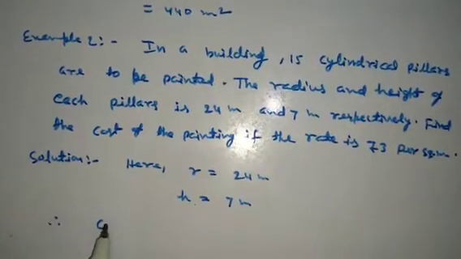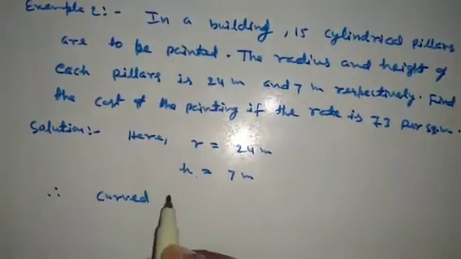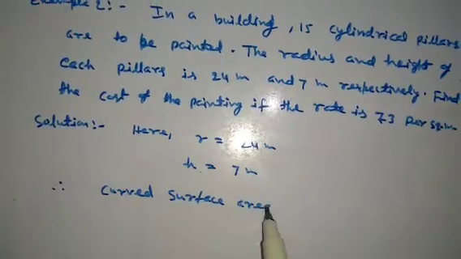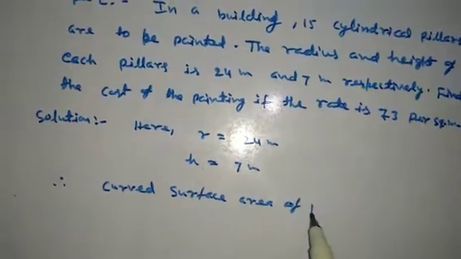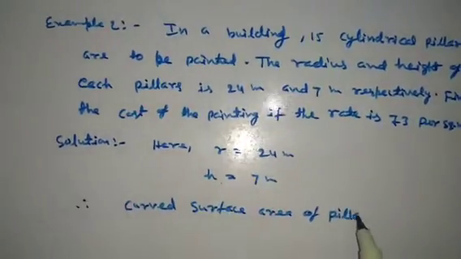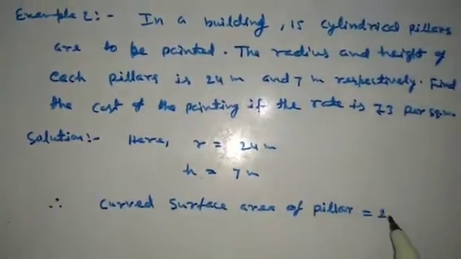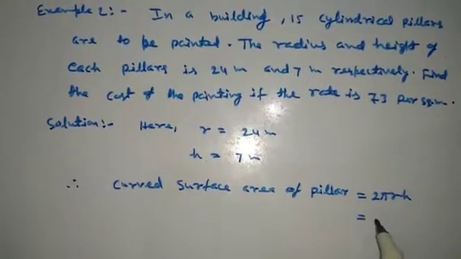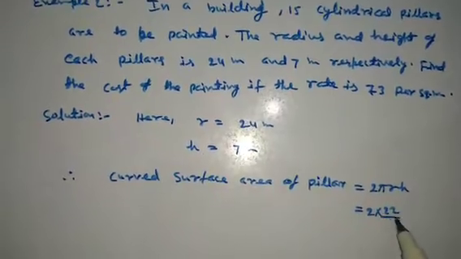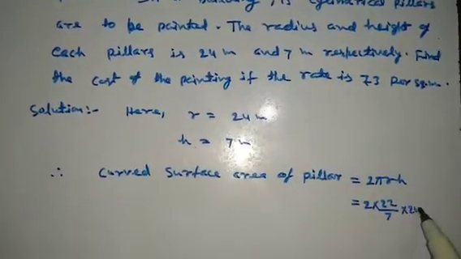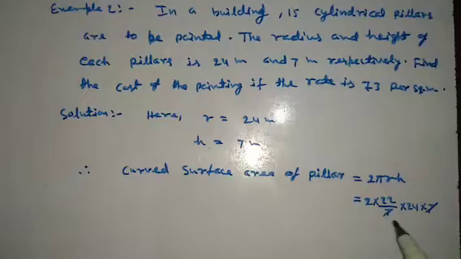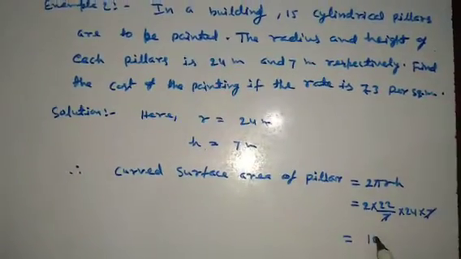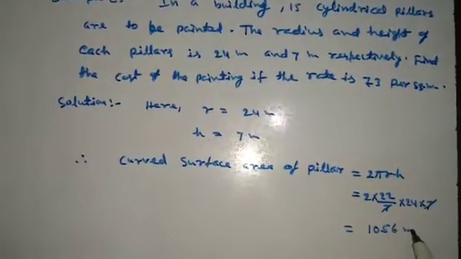So curved surface area of pillar equal to 2 pi RH, equal to 2 into 22 by 7 into 24 into 7, 7 and 7 cancel, equal to 1056 meter square.